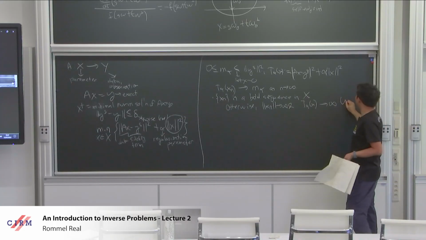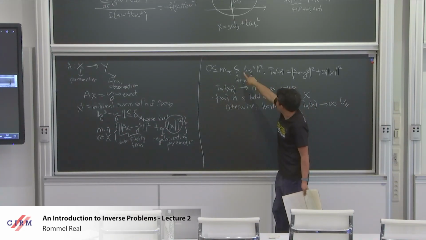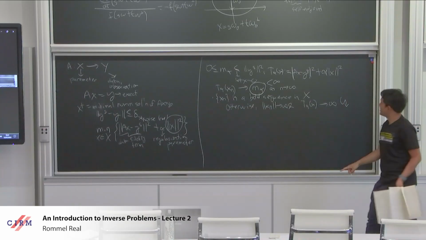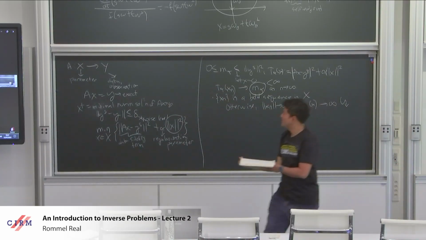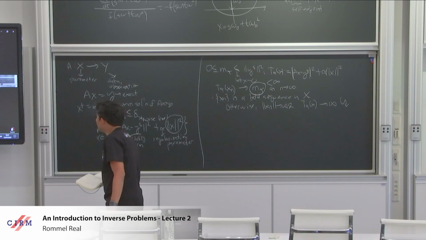That's a contradiction because earlier we've shown that m sub alpha, this value here, is finite. So that's why the sequence must be bounded.